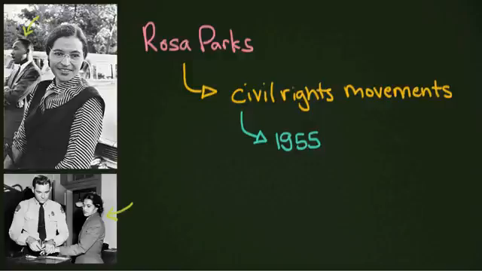And this is because America had a very strange idea that white people were more valuable, or white people had the right to sit in the seats and the black people did not. Well, this is all very arbitrary, but in this case, she decided on one day in 1955 that she was not going to do that. She would not get up. The bus driver called in the police, and she was arrested.